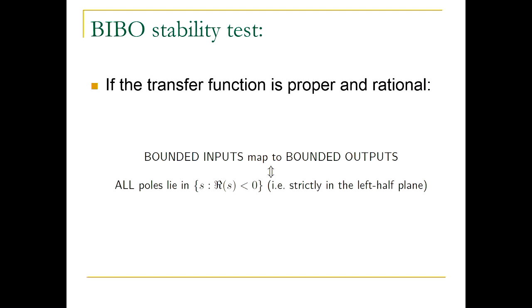For transfer functions that are proper and rational, meaning an equal or smaller number of zeros than poles, bounded input stability is equivalent to all poles of the transfer function having strictly negative real parts, meaning they are strictly in the left half plane of the complex plane. That's a test for bounded input stability.